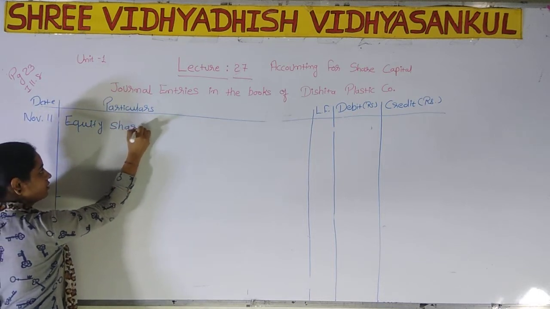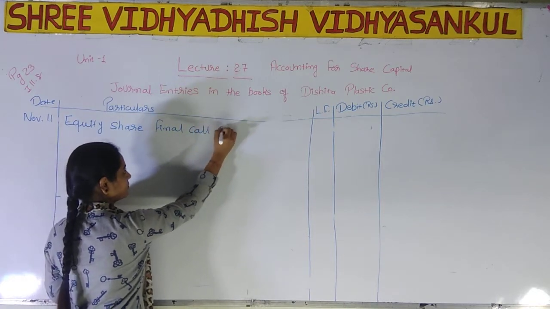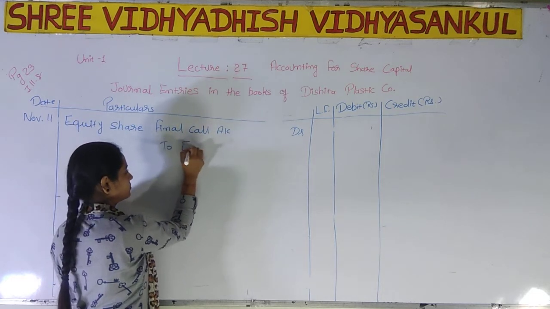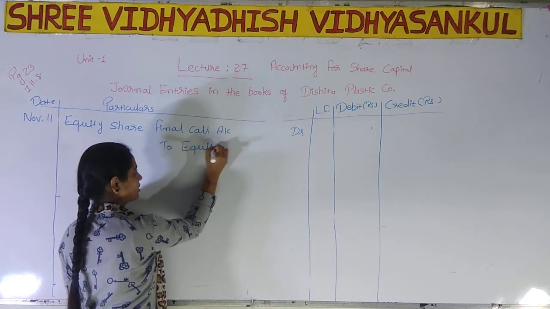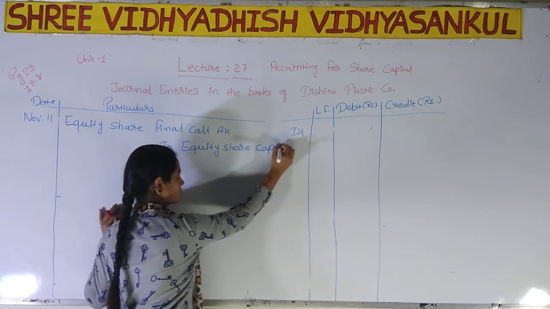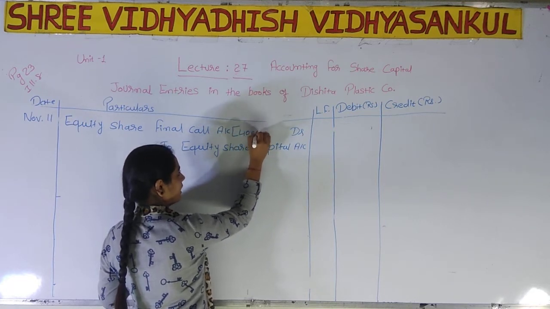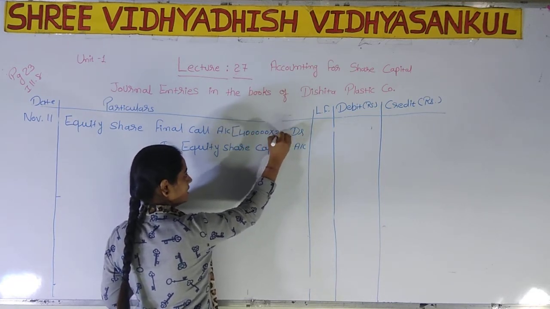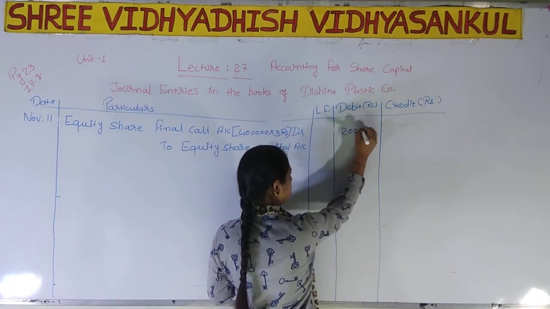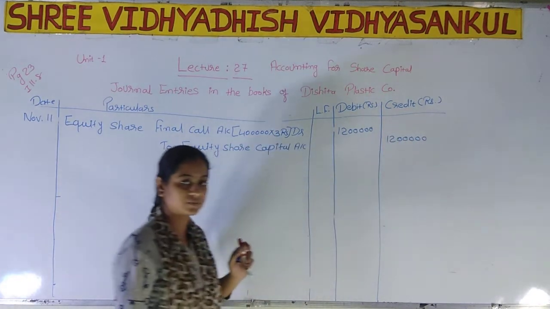equity share final call account debit to equity share capital account. Number of shares is 4 lakh, into we have demanded 3 rupees. That means in total we have demanded 12 lakh rupees. Right?